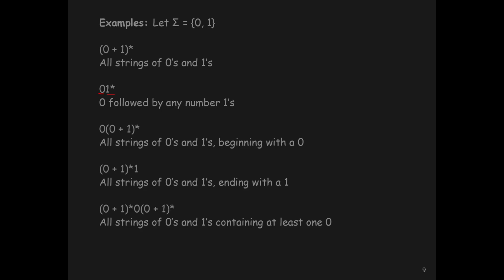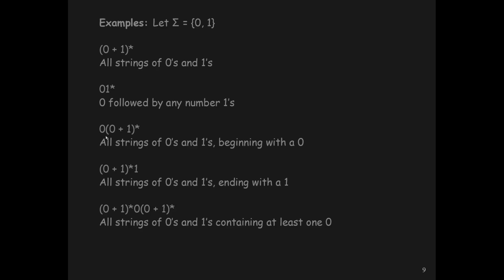You can have a single one, you can have 5 ones, 100 ones, that's totally fine. So this language consists of the strings 0, 0 1, 0 1 1, and so on. Okay?